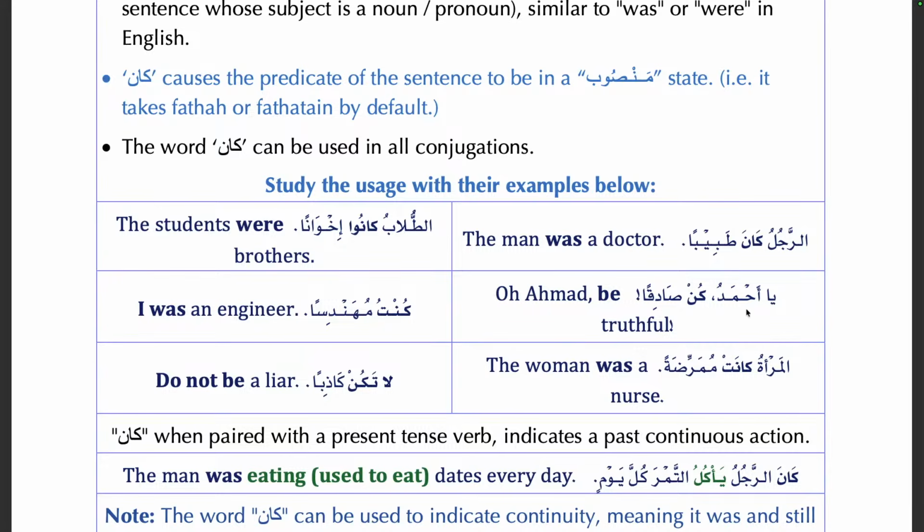Ya Ahmad, O Ahmad, kun sadiqan. O Ahmad, be truthful. Right? And as we said, the predicate of the sentence, we know what's predicate in English.